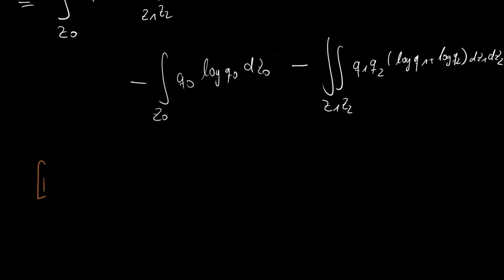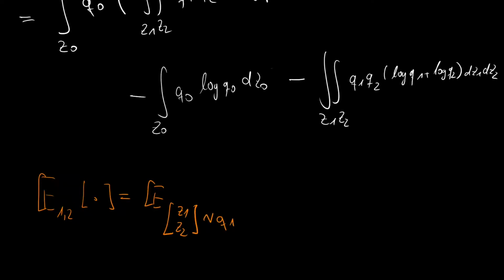We will introduce the expectation 1, 2 over something as the expectation over a random vector with z1 and z2 that is distributed according to q1 of z1 times q2 of z2, and we apply this expectation to whatever we also apply this expectation over. It's just a shorthand notation for this.